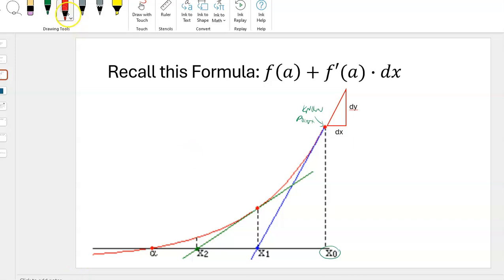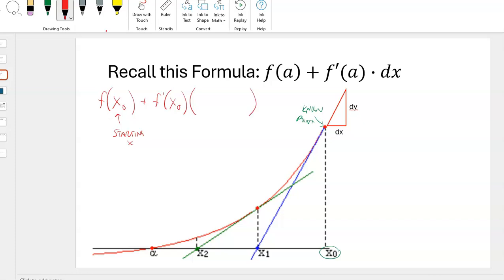The first small edit I'm going to make is that instead of saying f of a, I'm going to change that a to x sub 0. We use that x sub 0 notation. That's showing us the starting value for x. This is our starting x. Plus that f prime of x sub 0. And the dx I'm going to make a little edit as well.